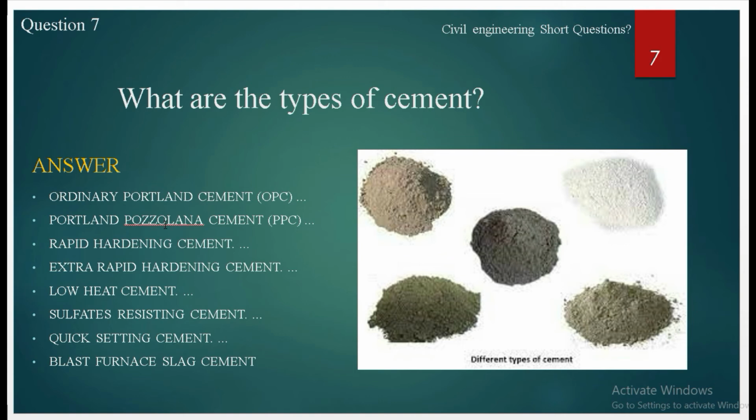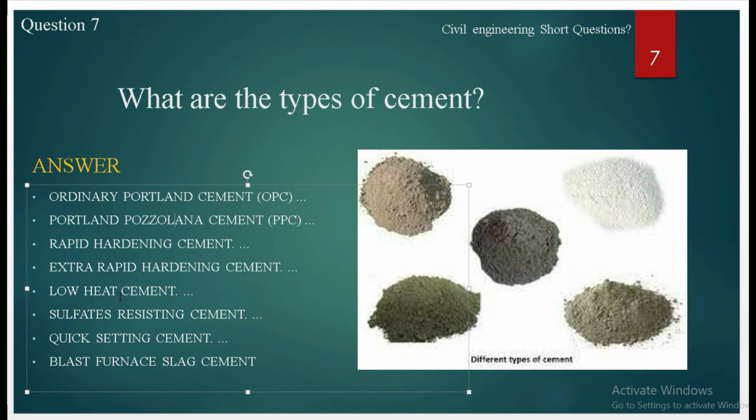Pozzolana is also volcanic ash, I believe, and the pronunciation of this may also differ, but that's how it's usually pronounced. And then we have the rapid hardening cement, in which the setting time of the mixture is decreased, so it's not 30 minutes anymore as we previously discussed.